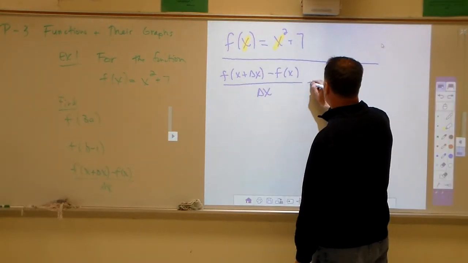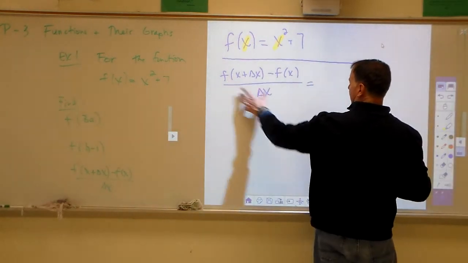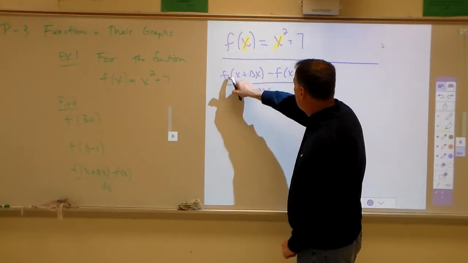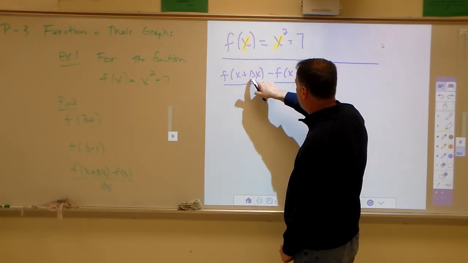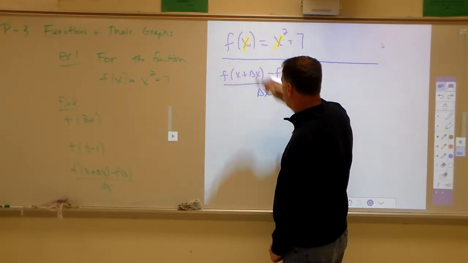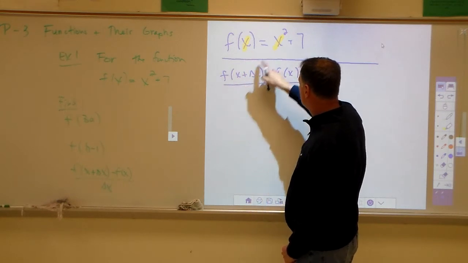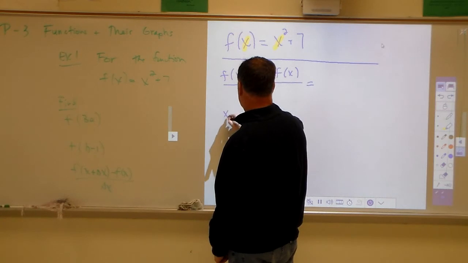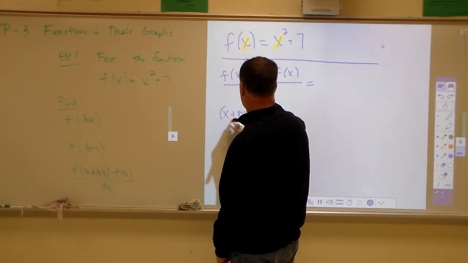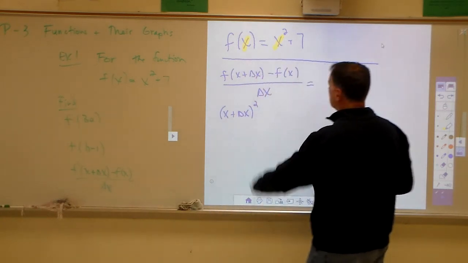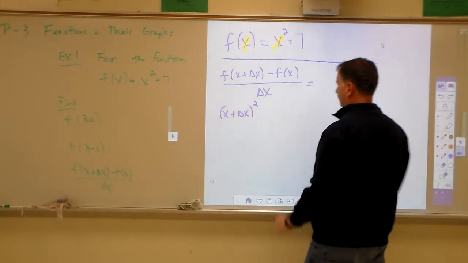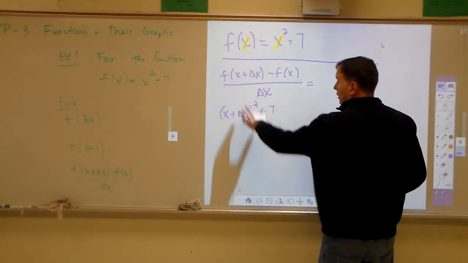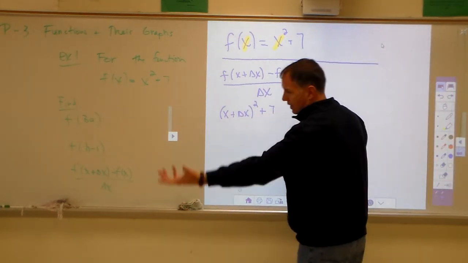So let's look. I'll do it down here because I'm going to need the space. I go to my function, and I'm going to plug in x plus delta x. My function says that whatever's in parentheses, I square it. So this is going to be x plus delta x squared plus 7. All I did, we did 3a, we did b minus 1.